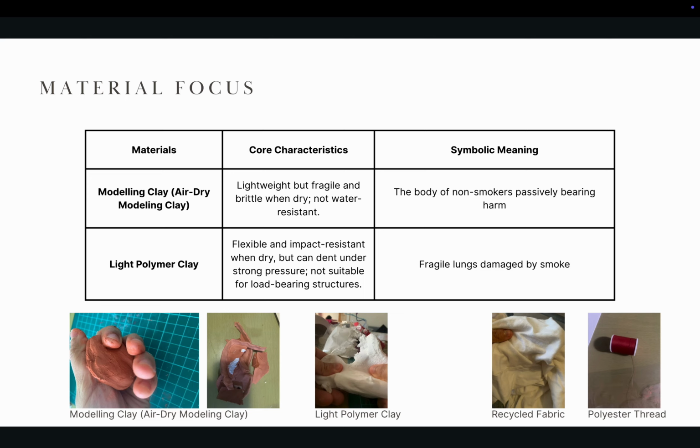Light polymer clay dries with flexibility and impact resistance but can dent under strong pressure, symbolizing the soft, delicate lung structure and the organ's sensitivity to smoke damage. The contrasting properties allow them to represent different parts of the piece.